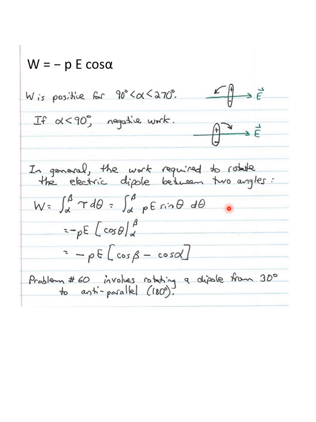That becomes negative PE times cosine theta taken between the two limits of integration, so negative PE times cosine beta minus cosine alpha. In the homework, problem number 60 involves using this formula and rotating a dipole from 30 degrees to anti-parallel with the electric field, which means 180 degrees.